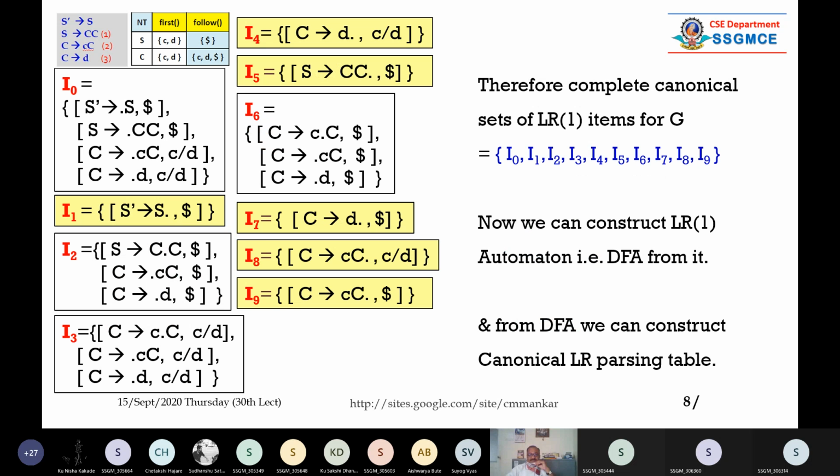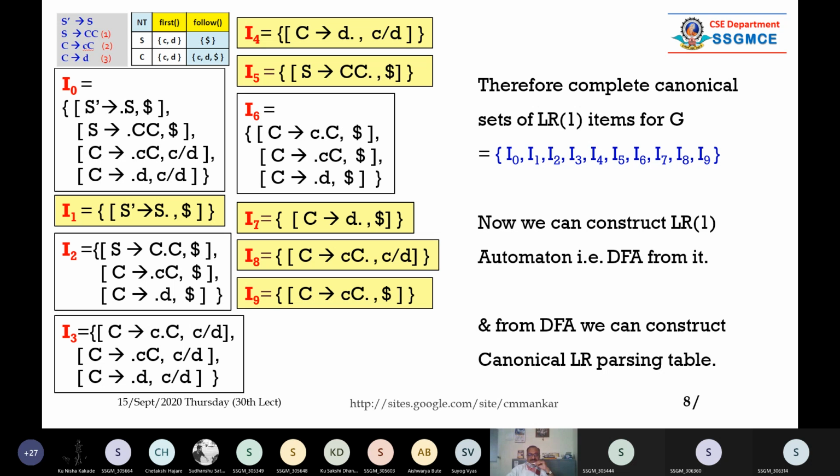So last time we have computed 0 to 9 items, LR1 items, set of items. These items represent the complete states of some DFA. And last time I have shown there are GOTO transitions.